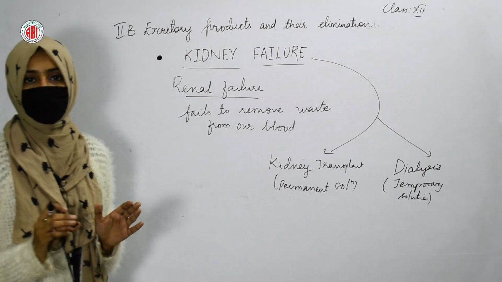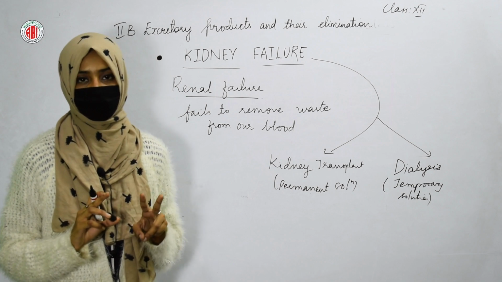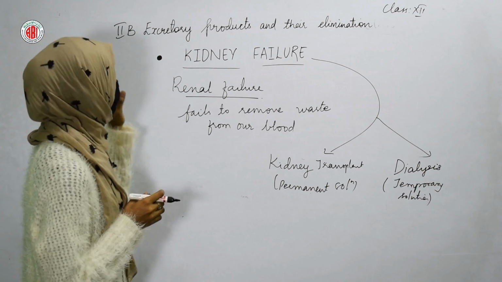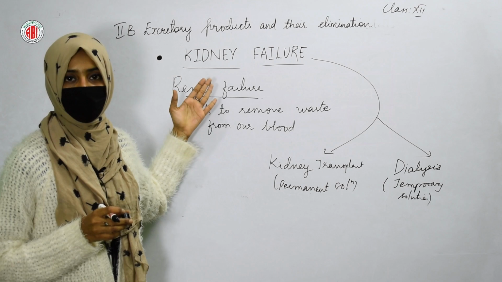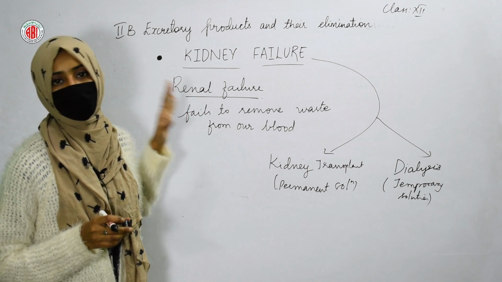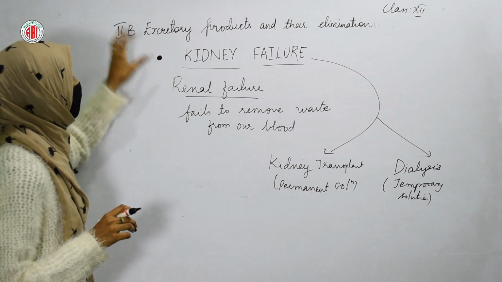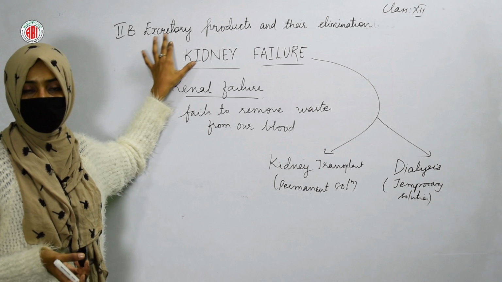See, if the kidneys fail to work in a proper manner, if both the kidneys, I am not talking about any one of the kidneys of the human being, I am saying if both the kidneys fail to purify the blood, if they fail to form the urine, then that condition leads to a disorder, and that condition is called kidney failure.